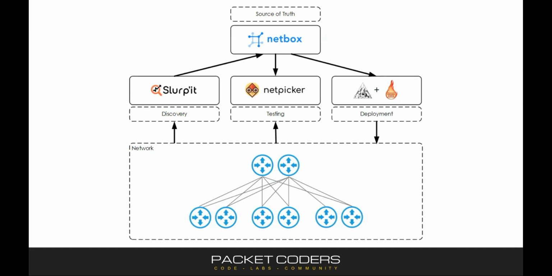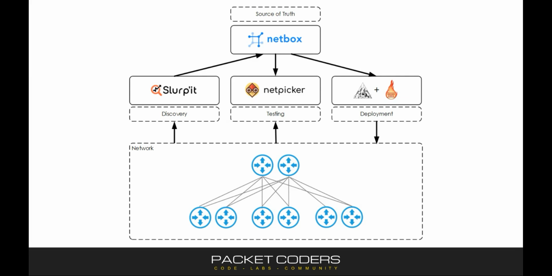And then we've got Slurp'it, which is going to allow us to discover data from the network. We've got Netpicker that we're going to use for testing. And then we're also going to lean upon a couple of tools to be able to then do some automated deployment out to a network. So using that data from NetBox, we're going to use Nornir and Napalm, and we're also going to leverage GraphQL to get the data from NetBox.